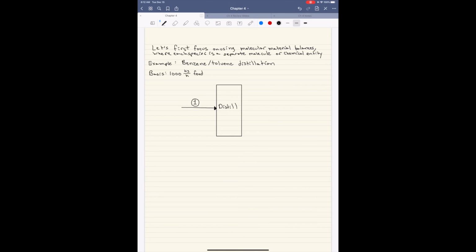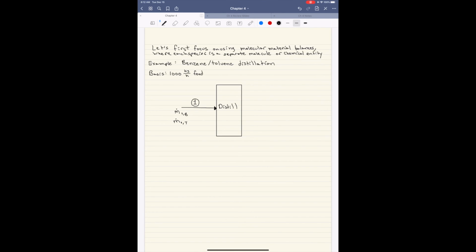In our feed stream 1, we have two different species: benzene and toluene. The M dots here are going to be mass flow rates. I put the 1 here so that identifies what stream this flow rate belongs to, and then the comma letter tells you what species that flow rate belongs to.